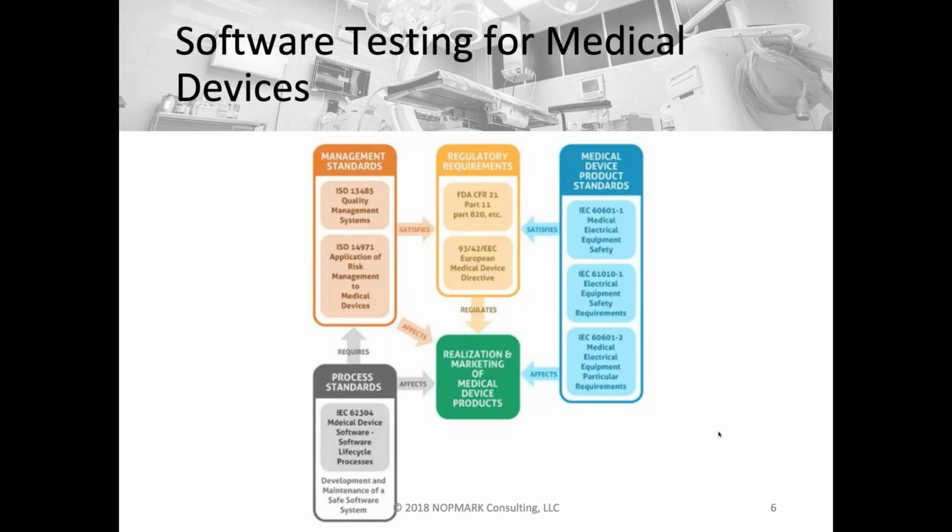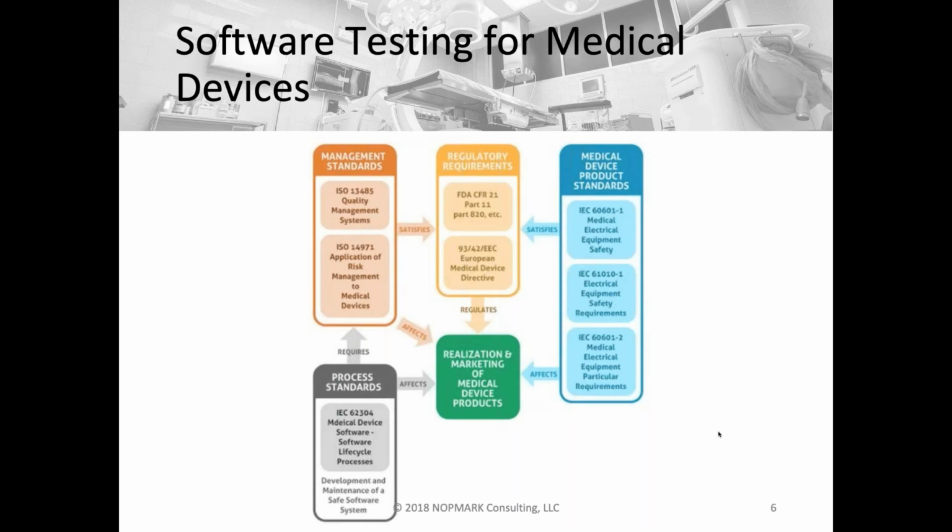One of these categories, which we'll talk about in a few minutes, is called management standards. By management standards, what's implied is the quality system that has to be in place at the company, and by the software development team, in order to satisfy these regulations.